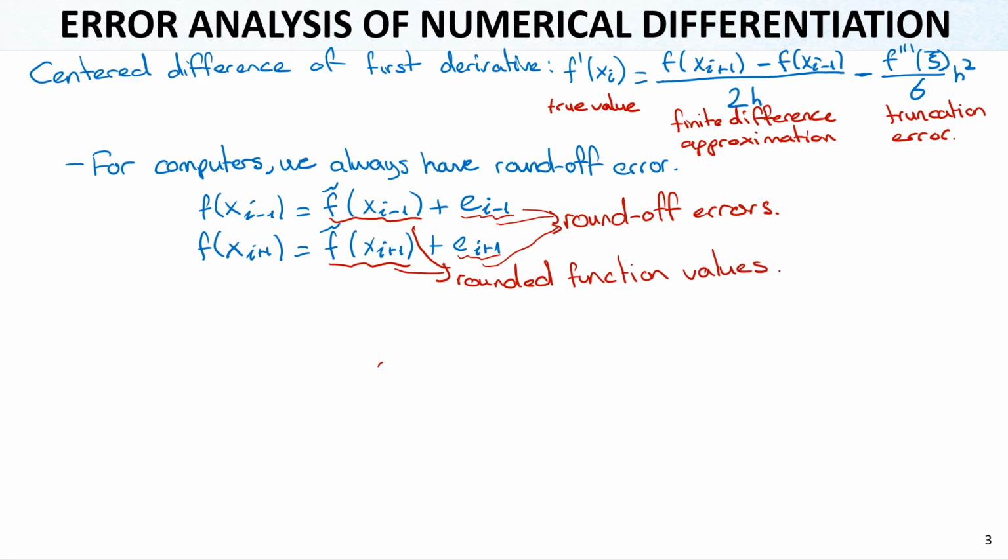So we calculated the function value and rounded it to a certain number of digits. Then we will have round-off errors, which are shown by e values over here. So if we present f(x_{i-1}) and f(x_{i+1}) with these values, then over here we can substitute these values and have another definition of this. Let's have this center difference and substitute these.